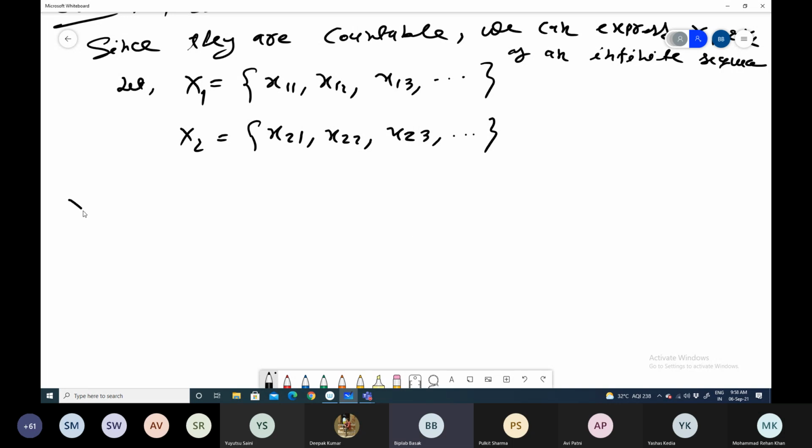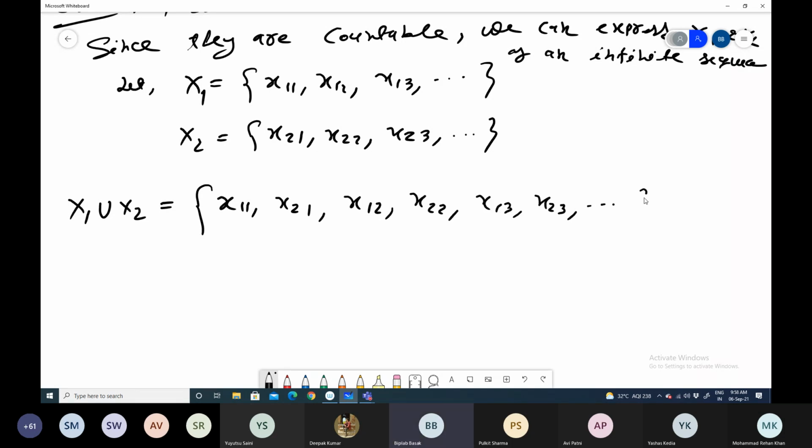Okay. Now we express x1 union x2 in this way: x11, x21, x12, x22, x13, x23. In this way, we can make a new list. That means we can list all the elements of x1 union x2.